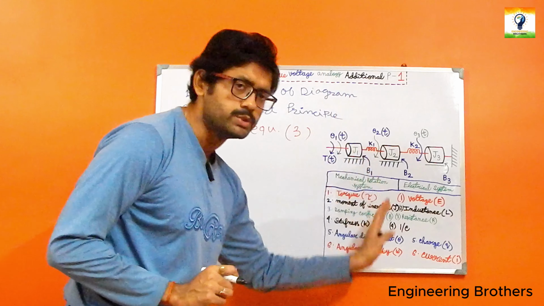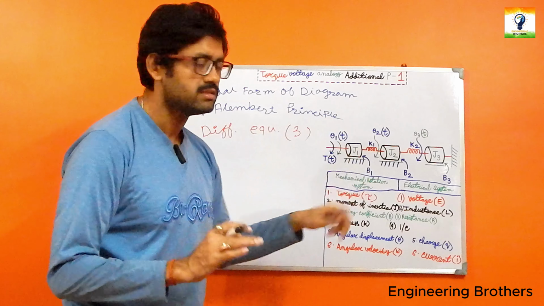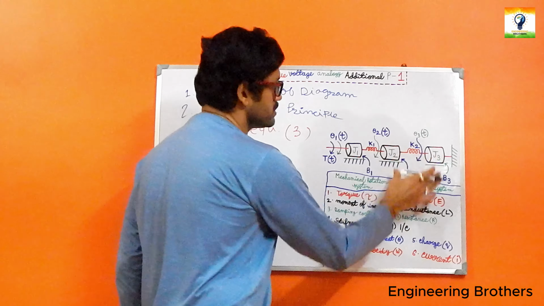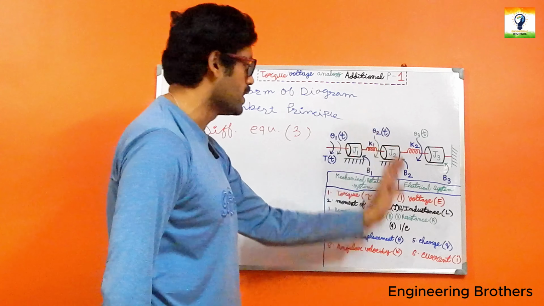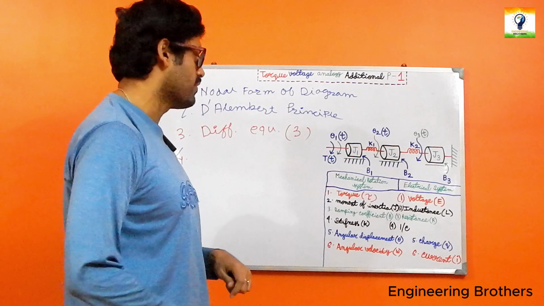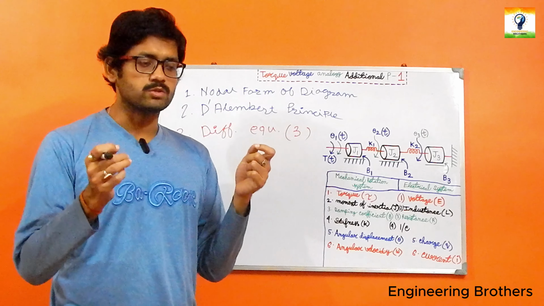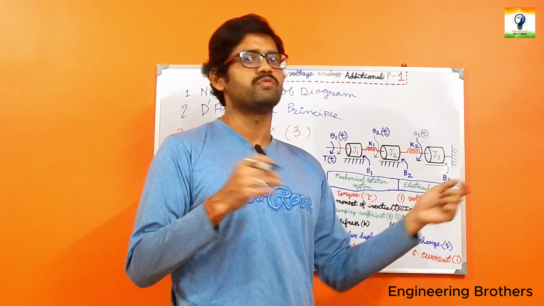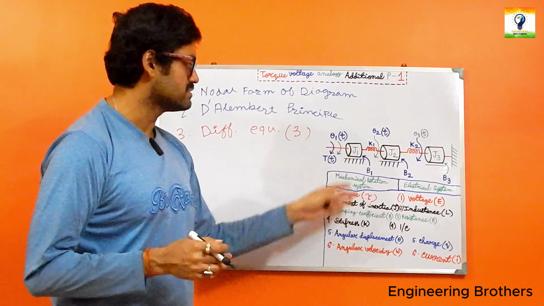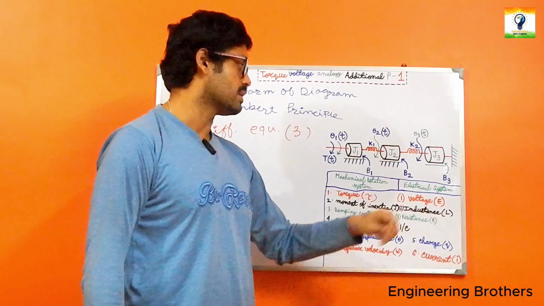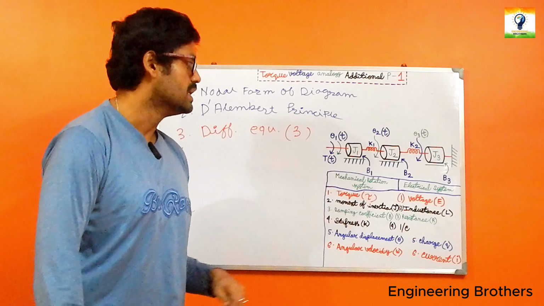Though we realize that these are two different systems, the right hand side indicates the electrical one, and the left hand side is the mechanical part. So we need to make a bridge between these two different systems. The left hand side is the mechanical one, and the right hand side is our electrical one.